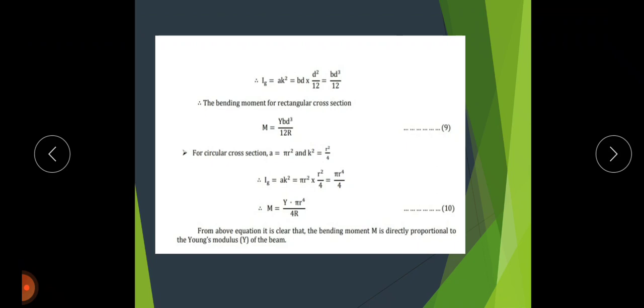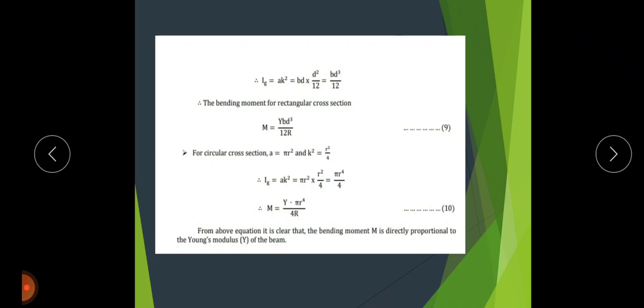Also, the bending moment of the beam is the moment of the resistance to bending offered by the beam. The resistance to bending depends upon the value of y, that is Young's modulus of the given material.